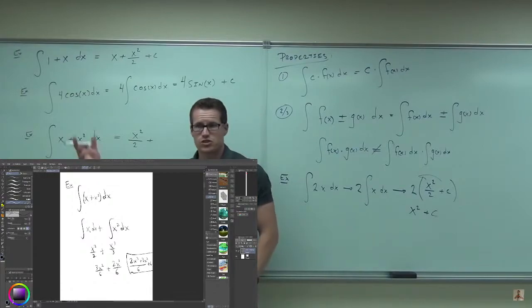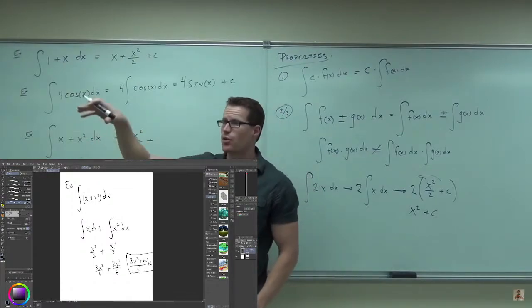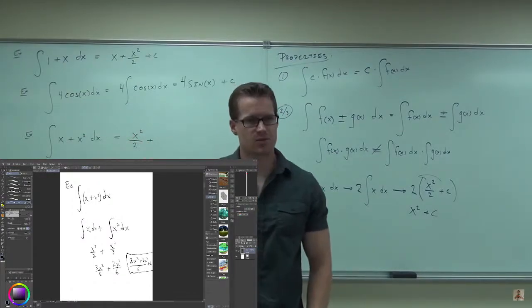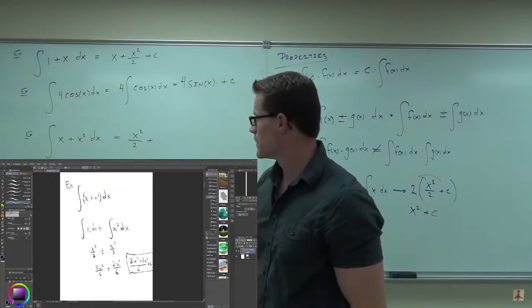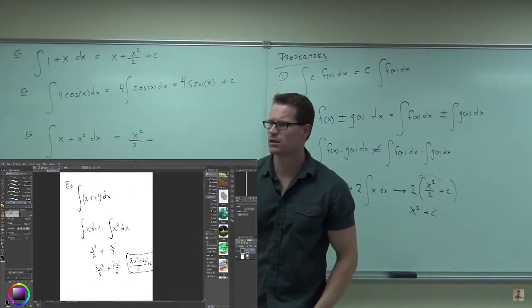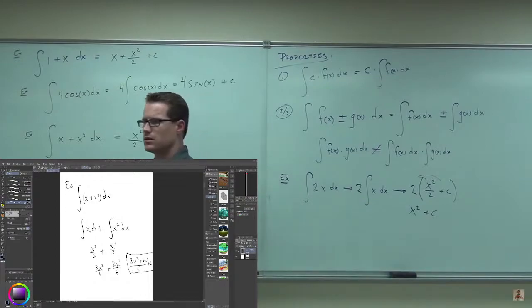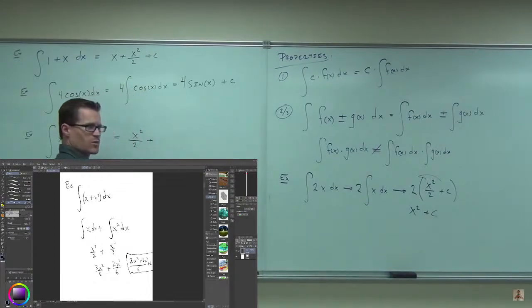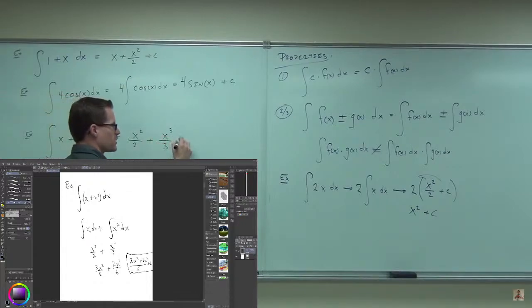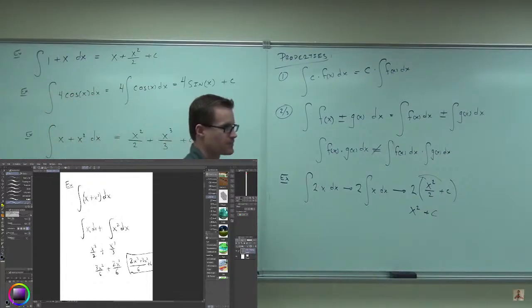That means we can just do them piece by piece if they're being added or subtracted. Not multiplied, divided, but added, subtracted. Integral of x squared, what's that? I'm going to assume your mumblings were x cubed over 3. I think some of you said that, actually. And then what? No 2 c's, just plus c. That's all we want. That's pretty much it.